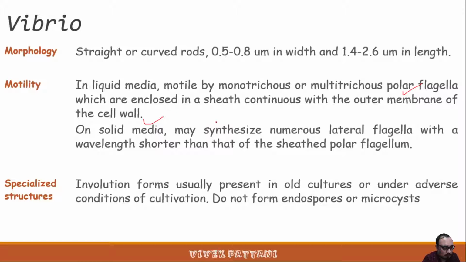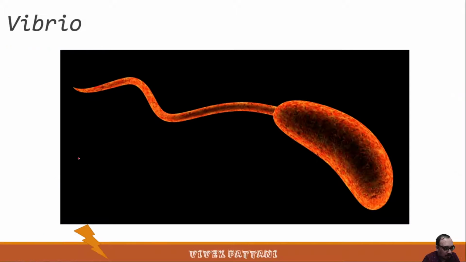On solid media they may synthesize numerous lateral flagella with a wavelength shorter than that of the sheathed polar flagellum. They do not form endospores or microcysts. This one is a photograph of Vibrio.